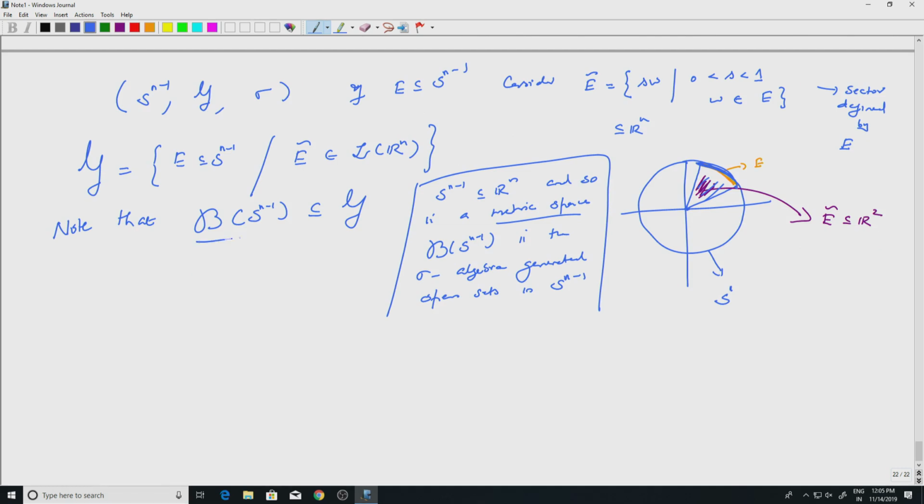So, to show this, what do you need to show? You need to show that open sets are inside G. But that is trivial. If E is open, so that means it would be an arc like this or some other open set, the sector will be open.